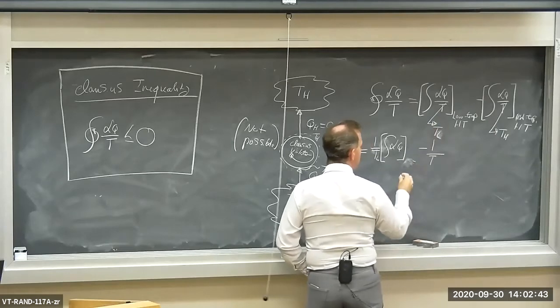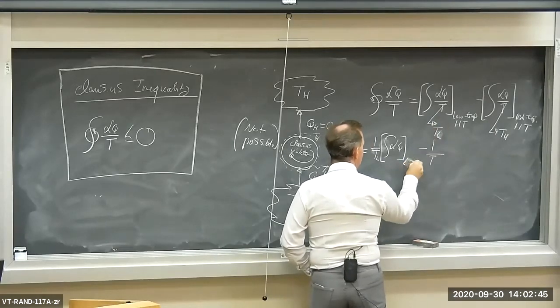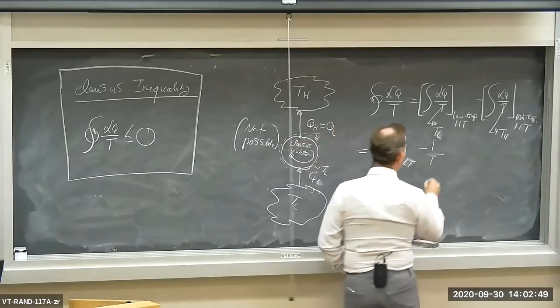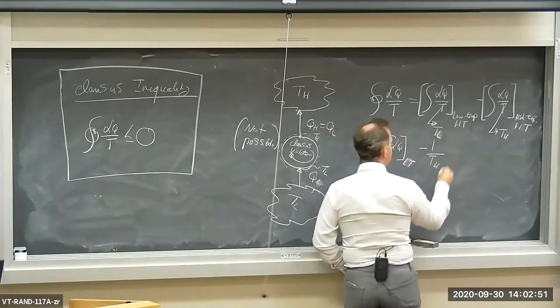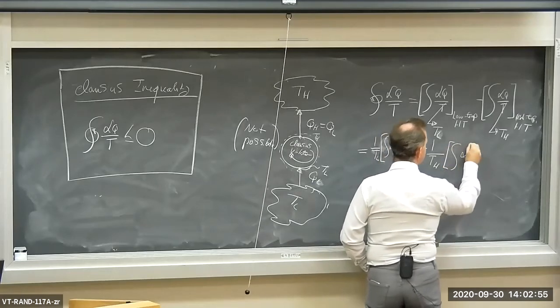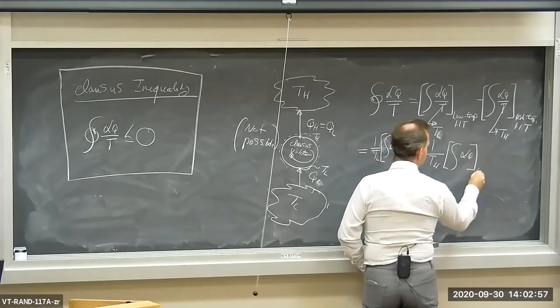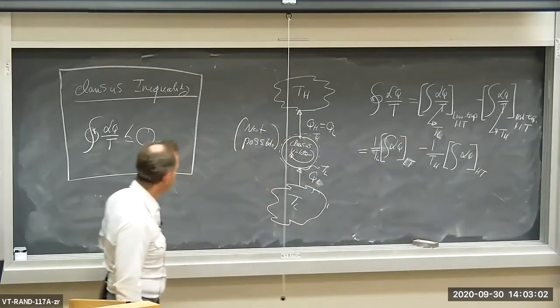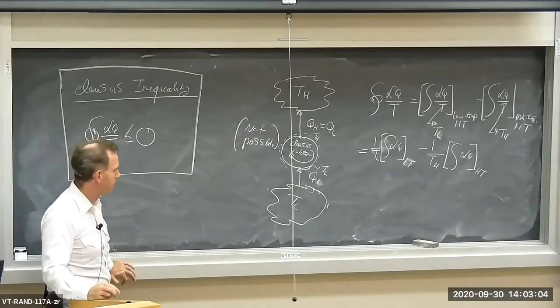Low temp is where heat is being received, and high temp is the heat transfer out of my system. Interaction temperatures are constant, so I pull them out of the integral.